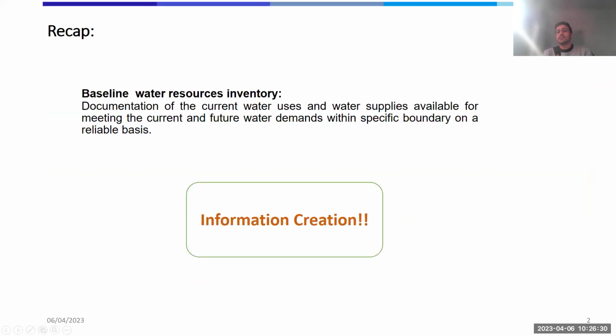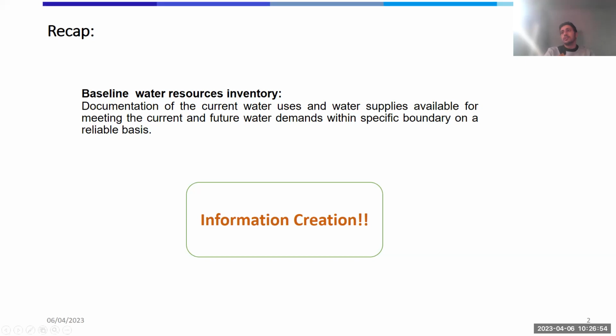Just a recap of what we said before, maybe two days ago. The baseline water resources inventory is the documentation of the current water uses and water supplies available for meeting the current and future water demand, and also after defining the boundary of our study area.